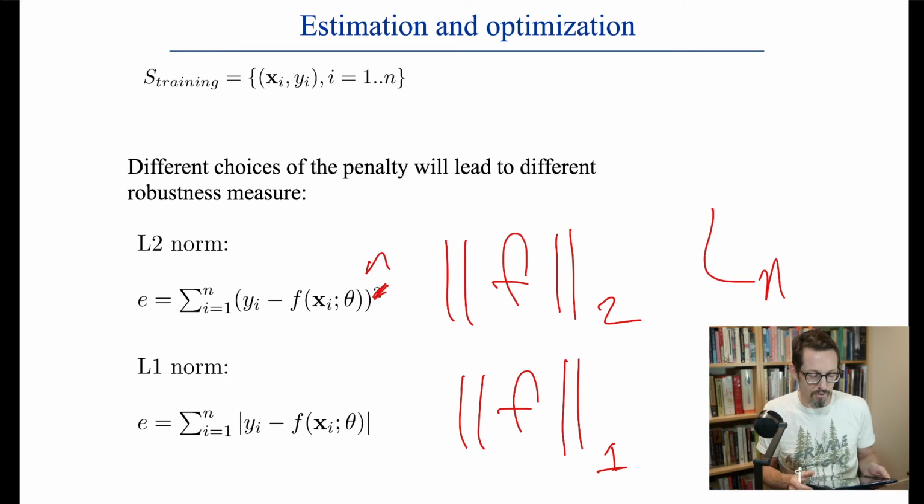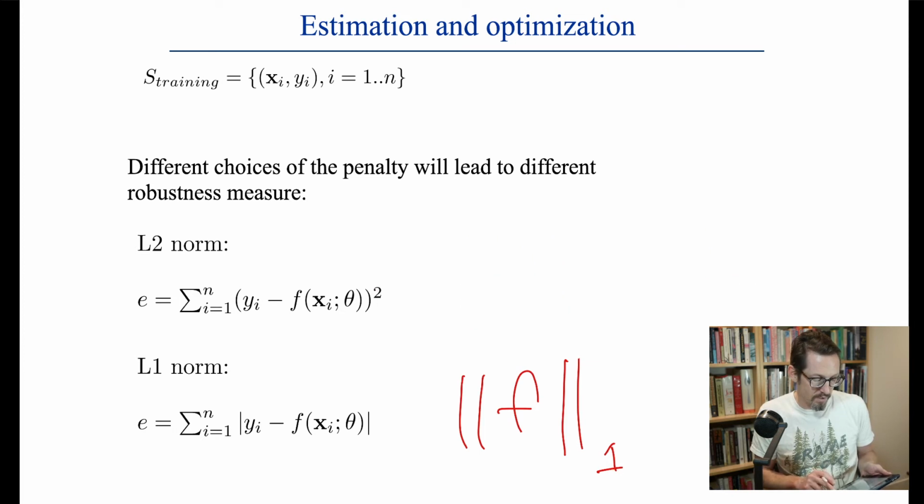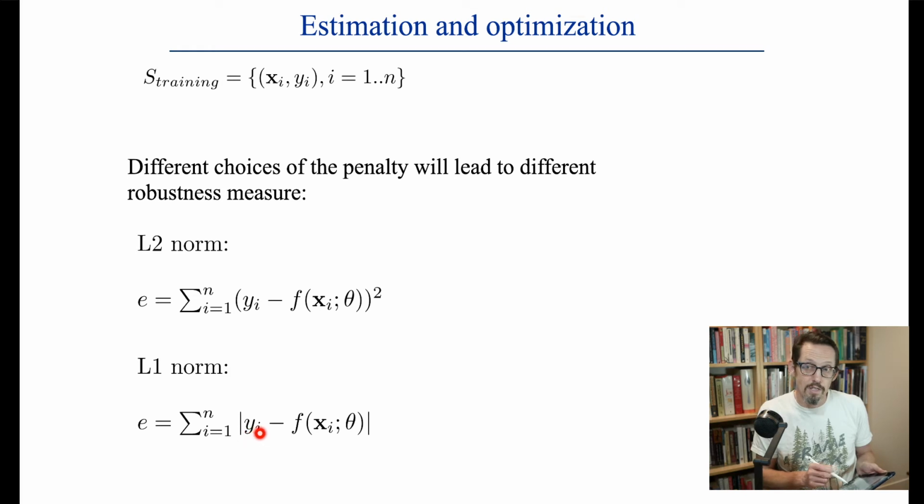I'm just giving you some generic math if you haven't already seen this sort of notation. So again, the difference between L1 and L2 is just L1 is an absolute value function and L2 is the error squared.